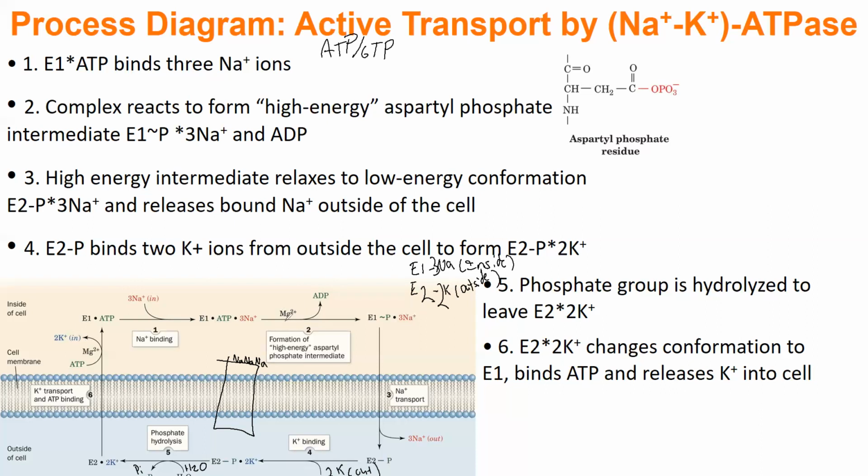This magnesium here is just a cofactor, and it's just going to help us split that ATP into ADP plus phosphate. So the ADP is going to fly away, but we're going to have a phosphate, I'm going to call that Pi, that is now attached to our enzyme.